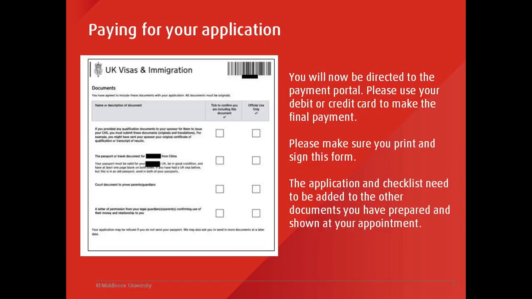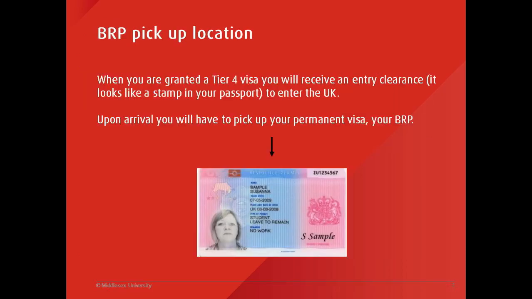You need to pay for the application itself. You'll need your debit card or credit card to do that. Make that payment and you'll then be asked where you want to pick up your BRP. Your BRP is your biometric residence permit.